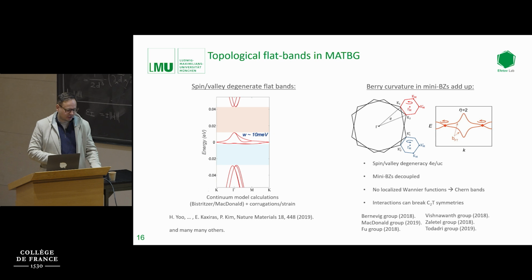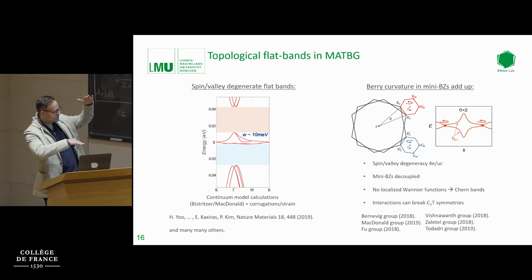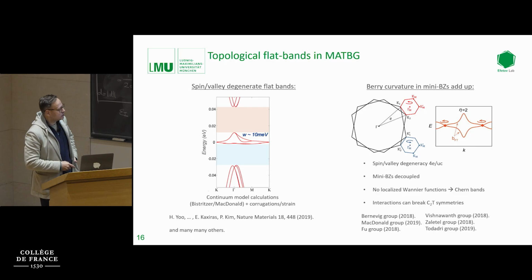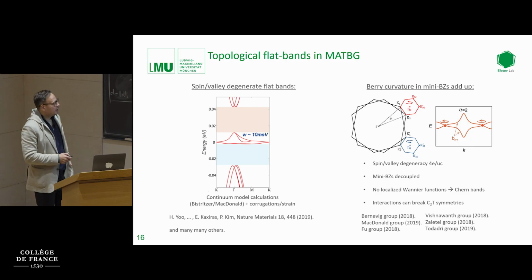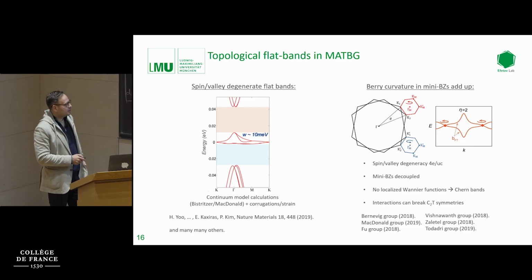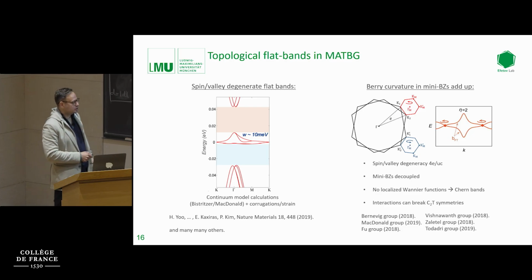This is a reduction of bandwidth of around 3 orders of magnitude from the single layer graphene case. So these bands are 1,000 times flatter. They're also separated by large energy gaps from more dispersive bands at higher energy.